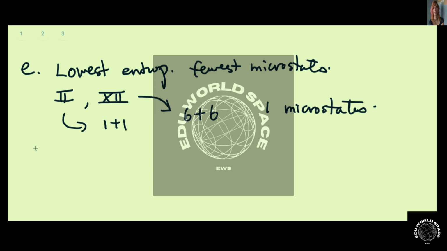All right, the last one is to calculate the absolute entropy of the two-dice system.